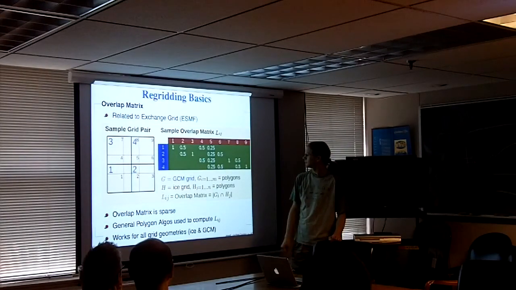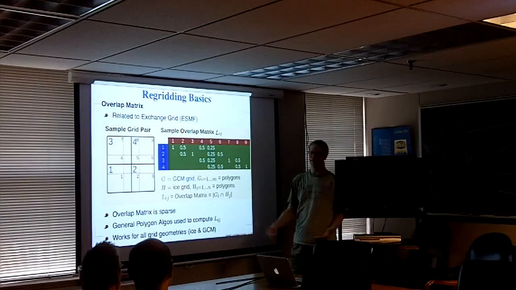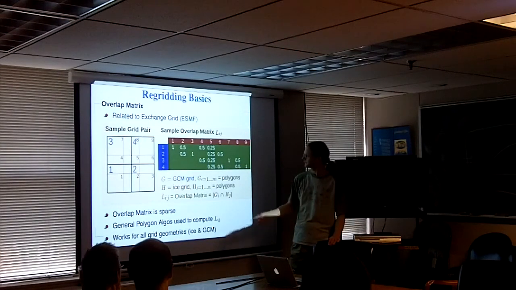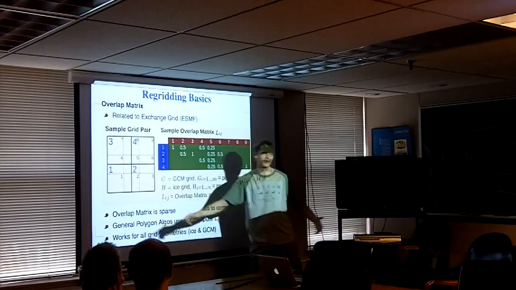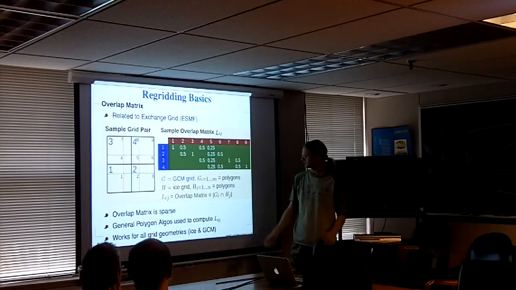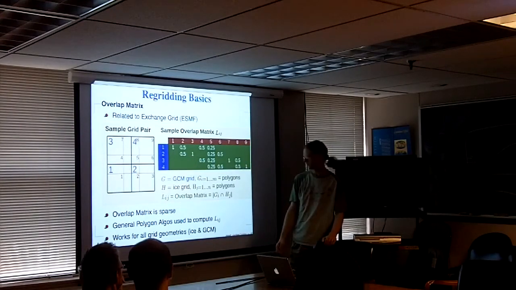You can define these in terms of polygons very exactly, right? If you don't know where your grids are, you're hopeless. There's nothing to be done. We know the exact shape of all our grid cells, and using enough computational geometry, we can create all these polygons inside the computer and run algorithms to find these overlaps and generate these overlap matrices.